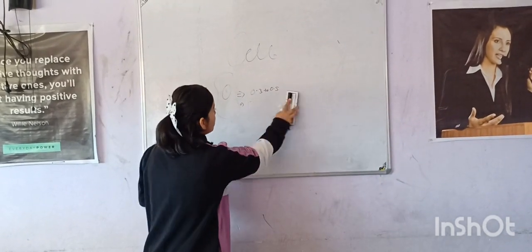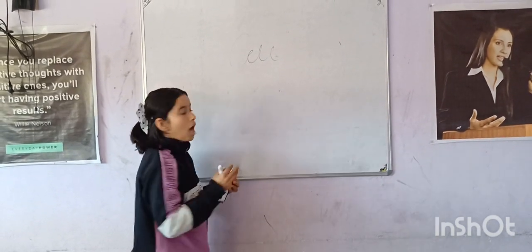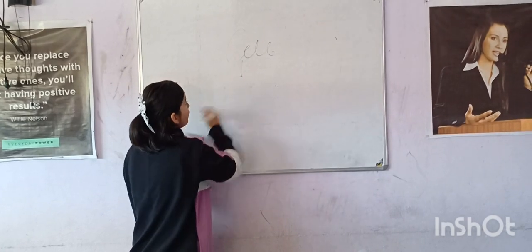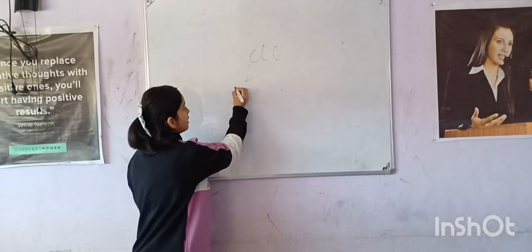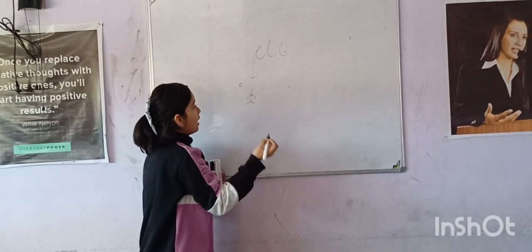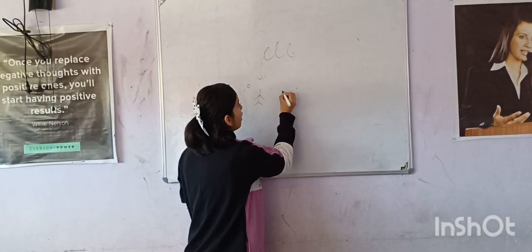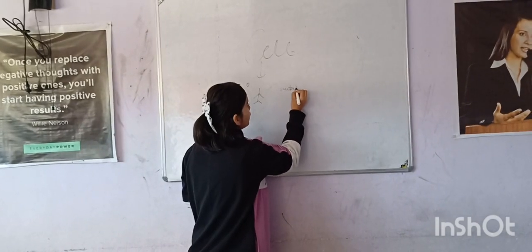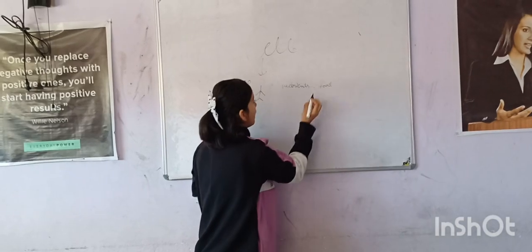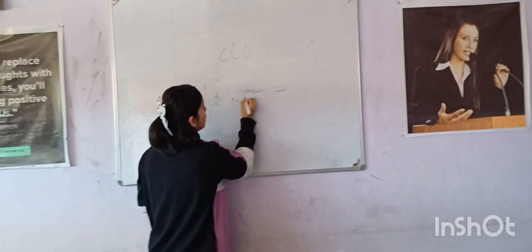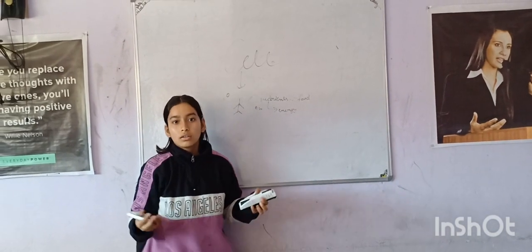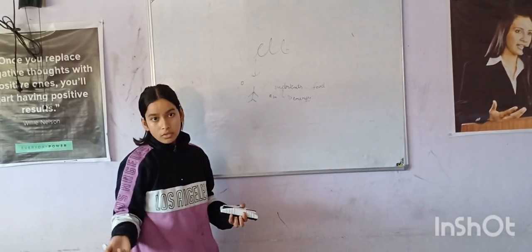Now let's move to the last point, which is how a cell functions. The cell functions in various ways. Firstly, it helps in maintaining the structure of the human body, and it also helps in taking nutrients from the food, and then the nutrients are converted into energy so that we can walk, run and do all the activities that we do in a day.